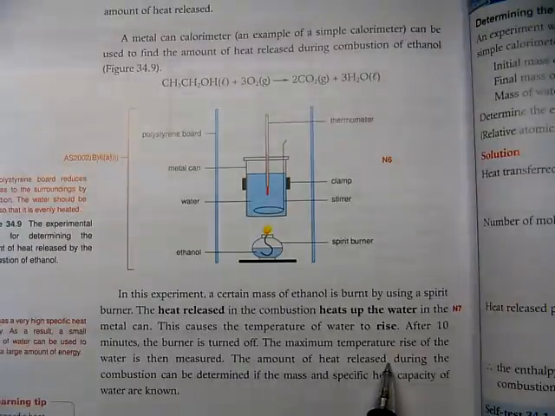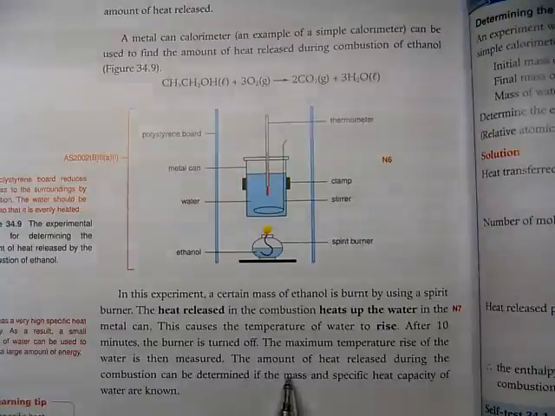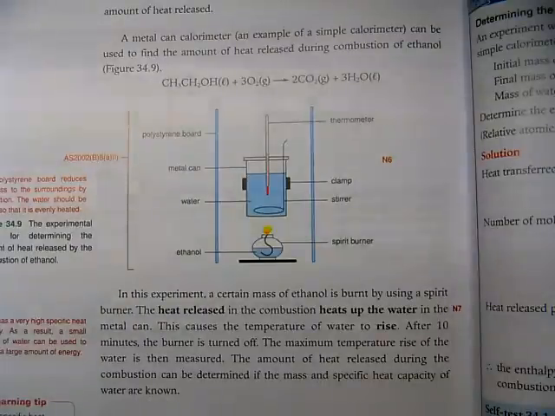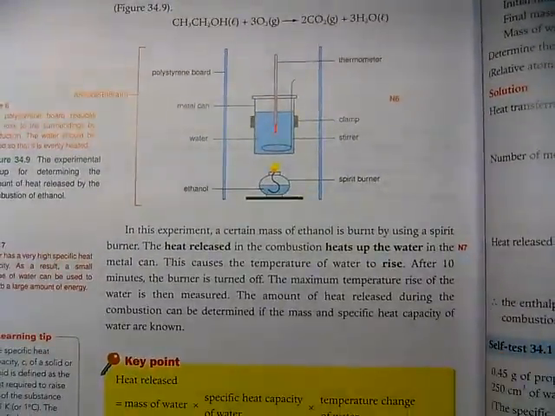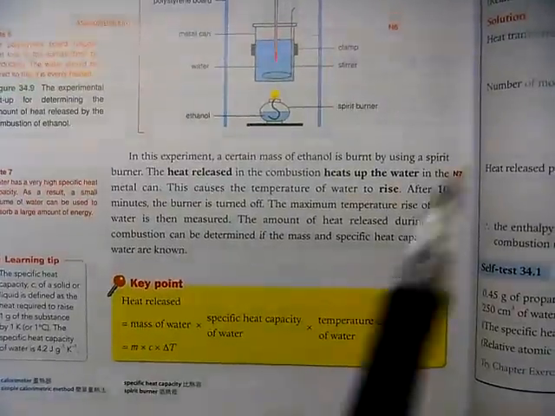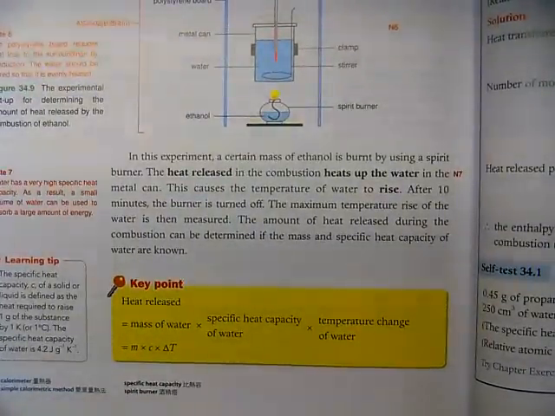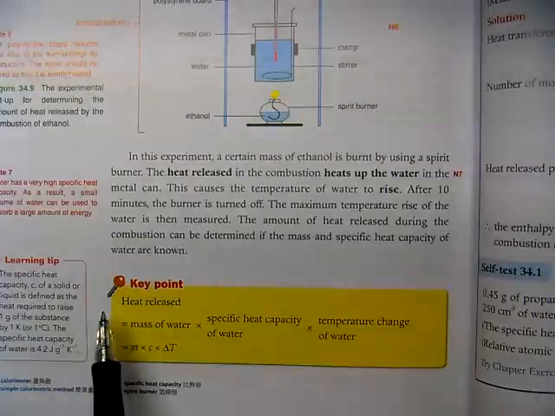The amount of heat released during the combustion can be determined if the mass and specific heat capacity of water are known. Now, for physics students, you have learned this equation. For the others, please learn now.